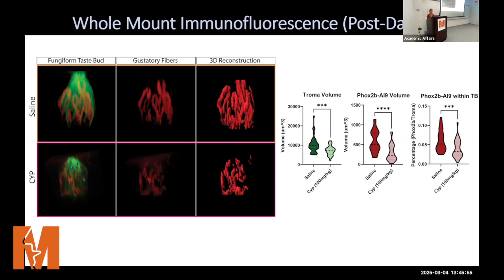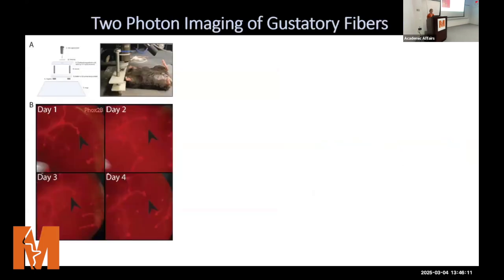We also saw a reduction in Troma staining, keratin staining within the bud, as we had expected. But actually, the amount of gustatory fiber innervation that was lost was a little bit more significant than the taste receptor cells at this point.